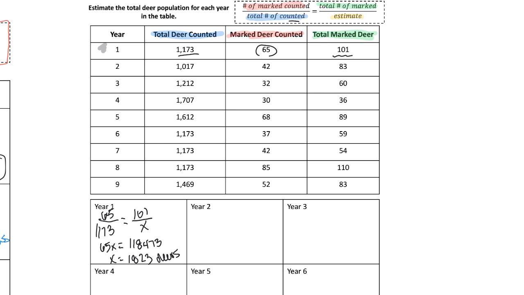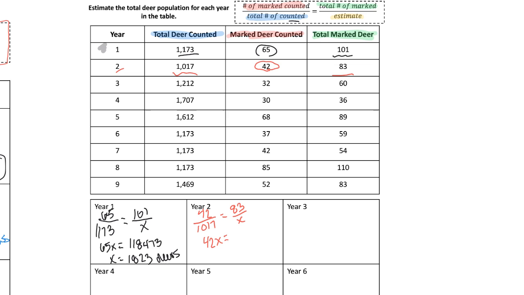So looking at year two. We have marked and counted over total counted, so 42 over 1,017 equals the total number marked over the estimated population. Again, we cross multiply and then solve.